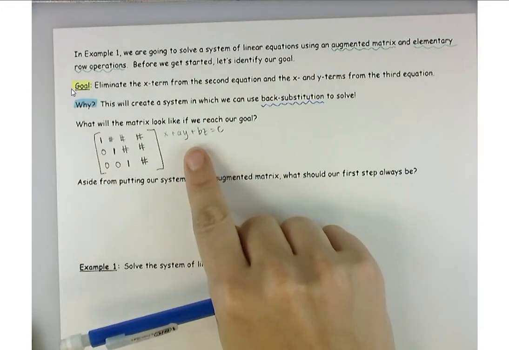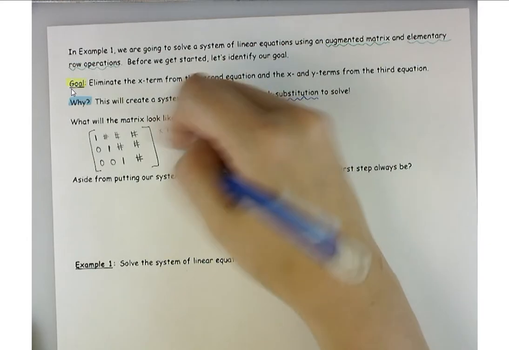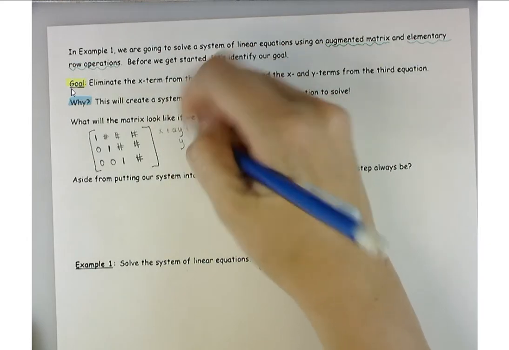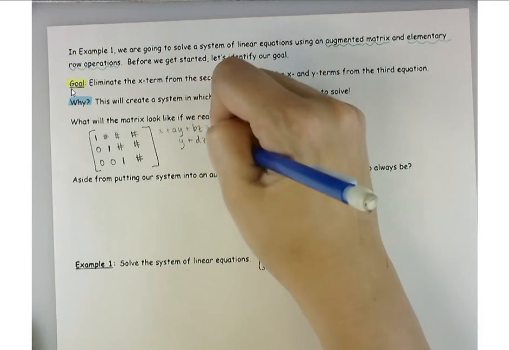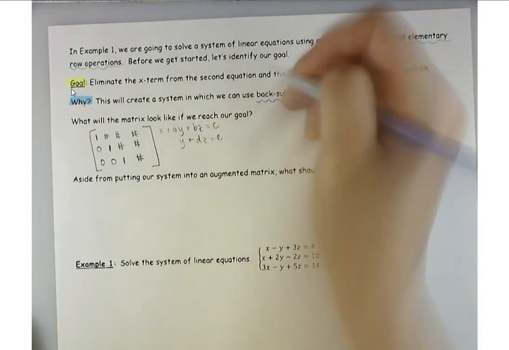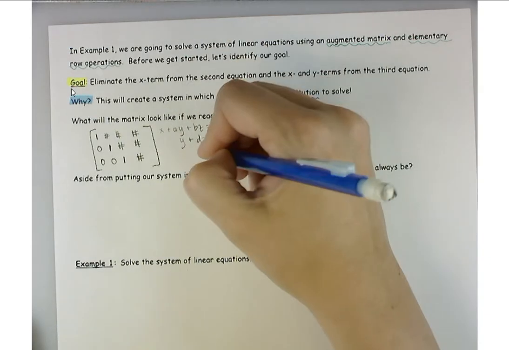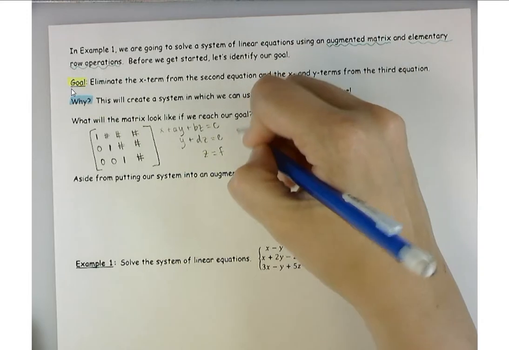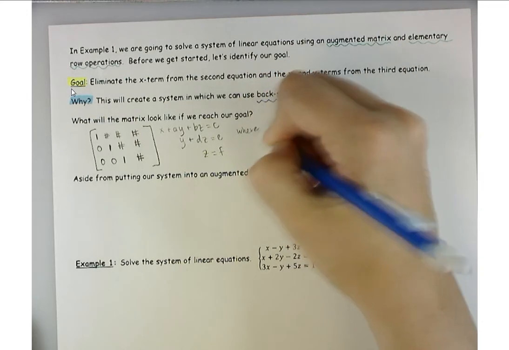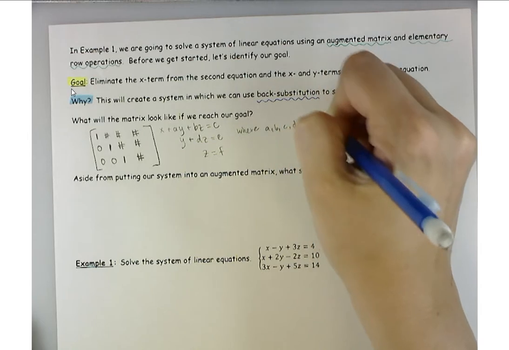Okay, so you'd have some form of that. In your second row, you'd have y plus some number in front of z equals some constant number. Okay, and then for the last one, you would just have z equals some number. Okay, so this is where a, b, c, d, e, and f are constants.